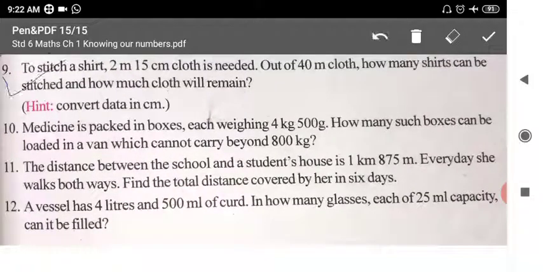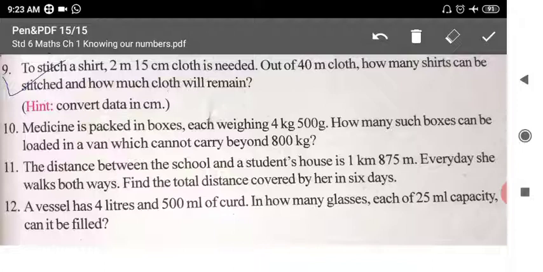Next is question number 9. Let's see what is there in question number 9. To stitch a shirt, 2 meter and 15 centimeter cloth is needed. Out of 40 meter cloth, how many shirts can be stitched and how much cloth will remain?